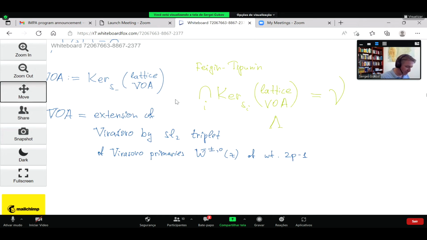And explicitly, these are the following. W minus of z is just e to the minus alpha plus phi.